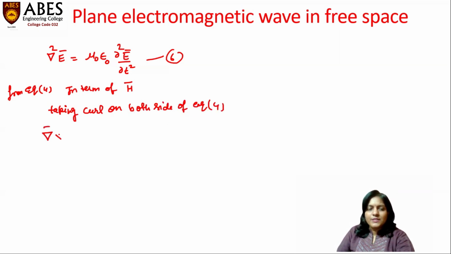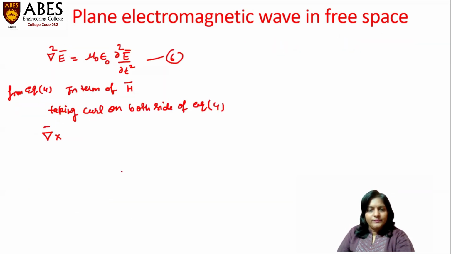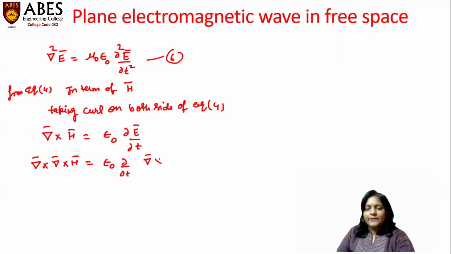Equation 4 was del cross H is equal to epsilon naught del E by del T. And it will be del cross H is equal to epsilon naught del by del T del cross E.